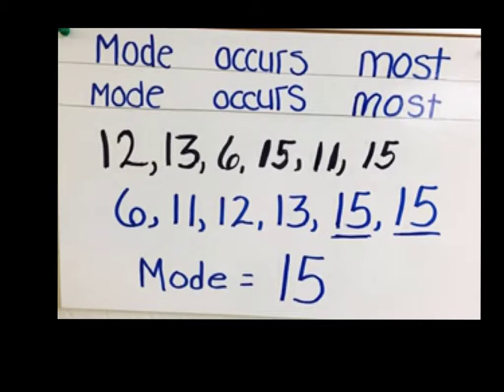There is no number that occurs any more than any other number. And if I added a value, let's say I added a 12 to the data set, then my data set would have 2 modes, 12 and 15. So you can have no mode, 1 mode, or 2 or even 3 modes. So mode is the value that occurs the most.